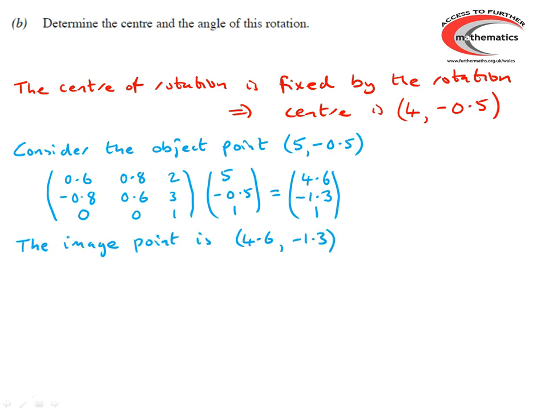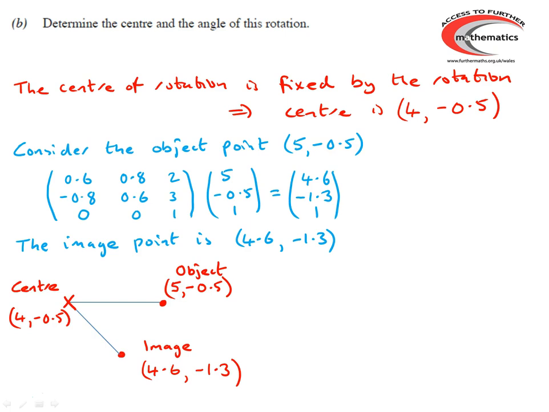So, a little sketch diagram now. I've got the centre of the rotation as the point (4, -0.5). If I start off with the object point being (5, -0.5), then the image is the point (4.6, -1.3). So the angle of the rotation is the angle theta in the diagram.